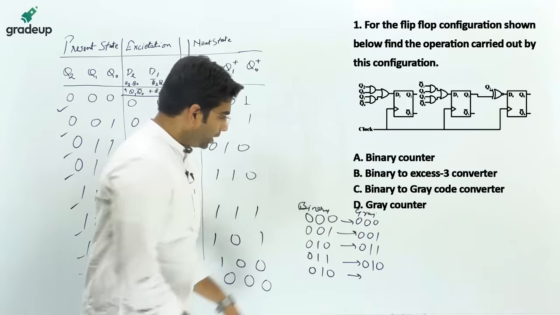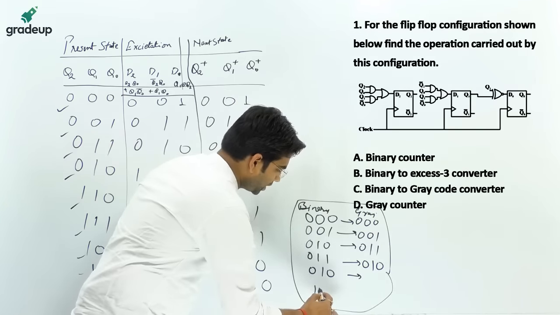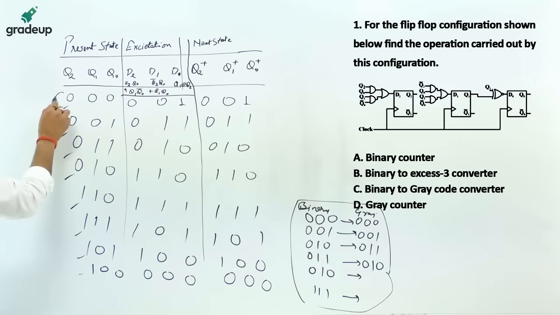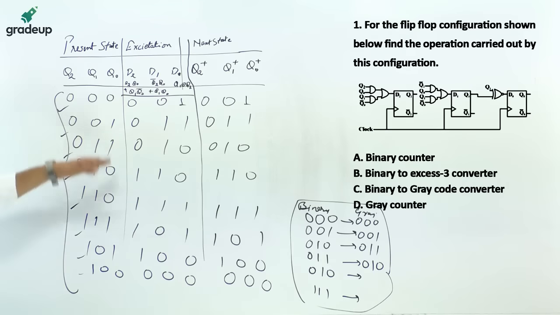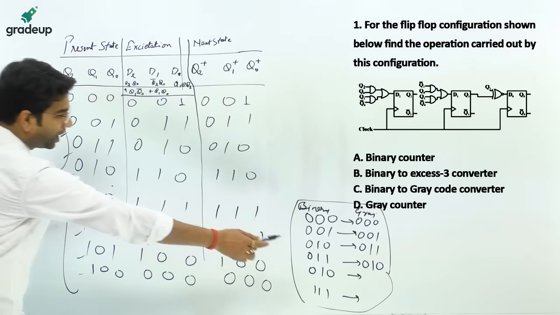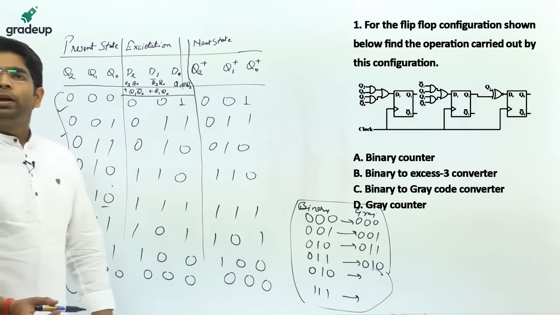If you analyze this table up to 7, here you are going to get this. After 3, there comes binary 2. After binary 2, you will get this.